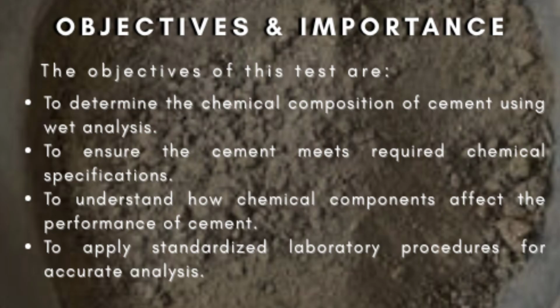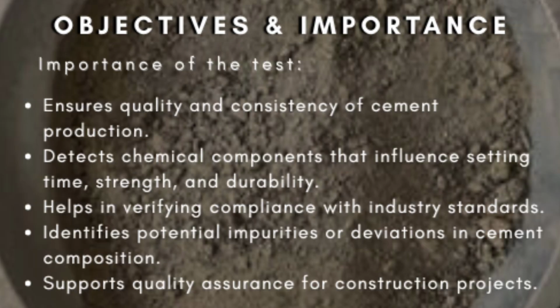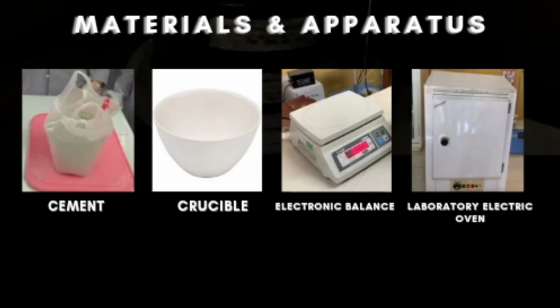for accurate analysis. This test ensures quality and consistency of cement production, detects chemical components that influence setting time, strength, and durability, helps in verifying compliance with industry standards, identifies potential impurities or deviations in cement composition, supports quality assurance for construction projects.